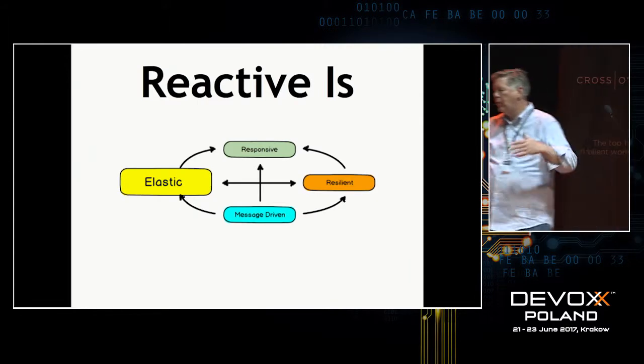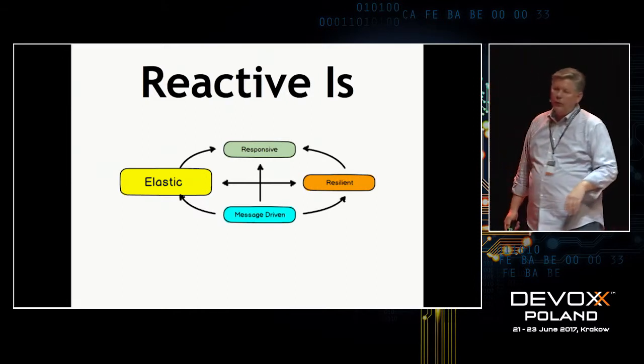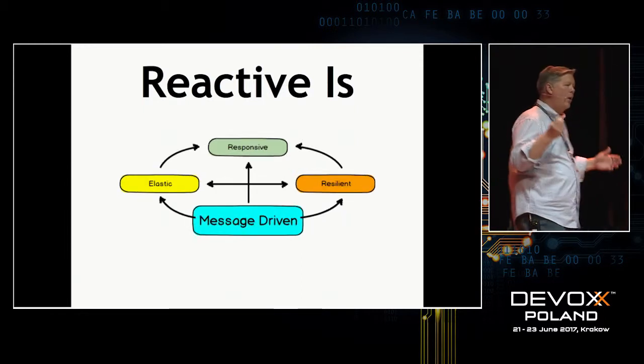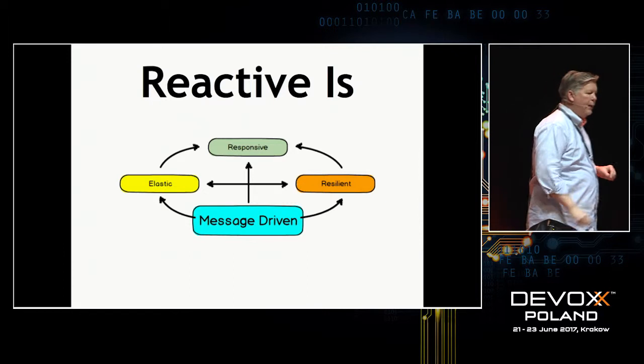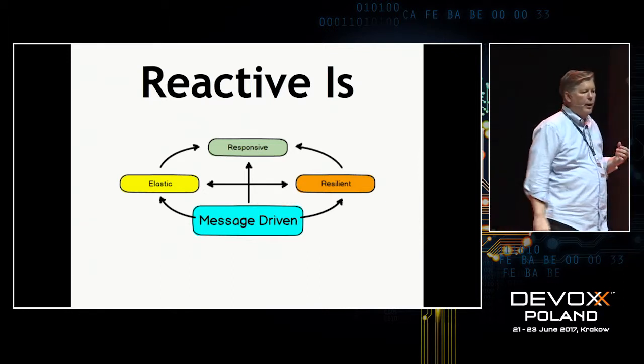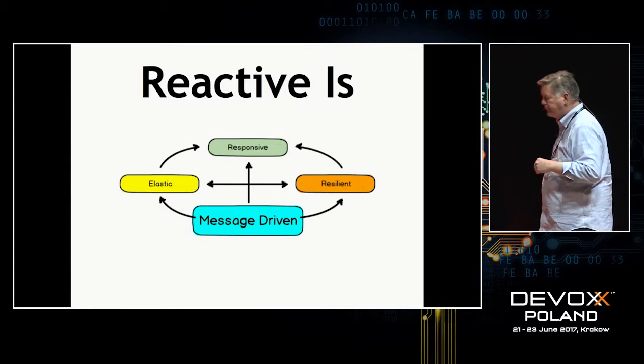Elasticity means, of course, that a solution, a subsystem can grow and shrink as needed according to demand. And all along, this is all driven and sewn together by the ability to deal with messages as the messages occur.